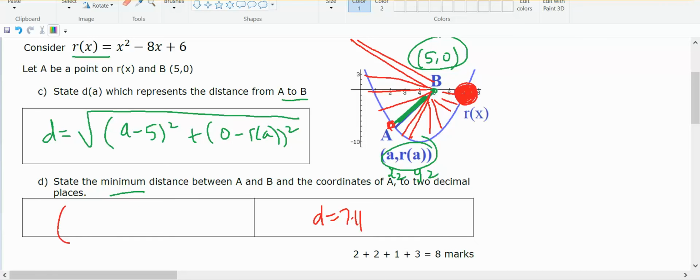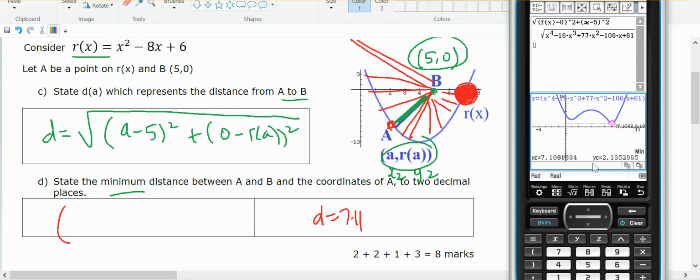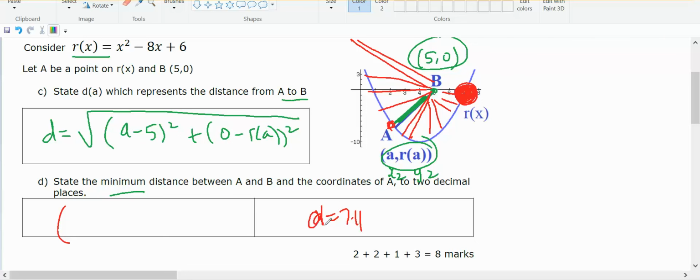and the coordinates will be at, the distance, that's the a value, is 7.11. The distance is 2.14 units, and this will be at a equals 7.11, and I need to find the y coordinate.